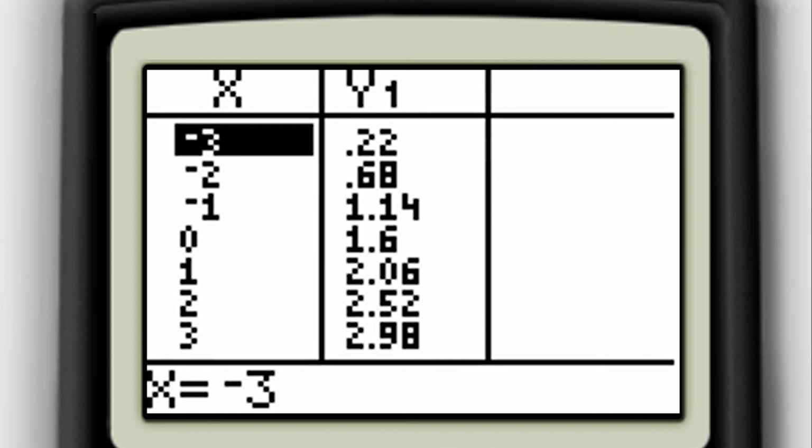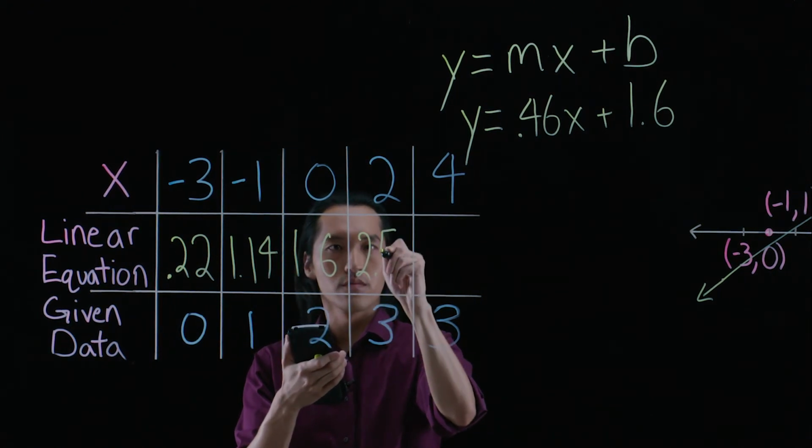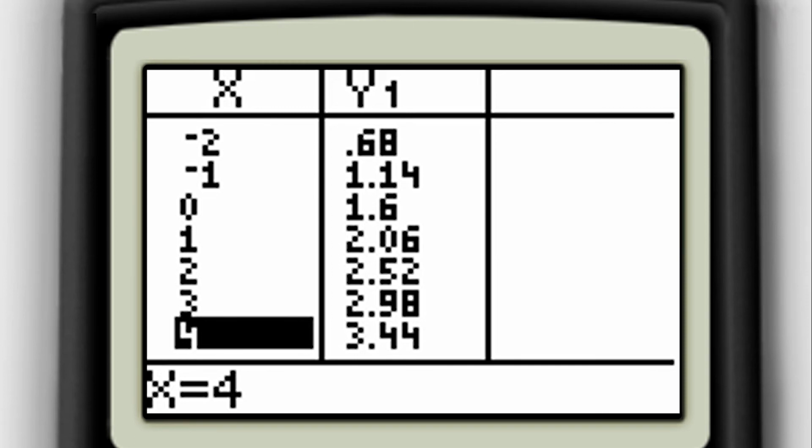For -1, it's 1.14. For 0, it's 1.6. For 2, it's 2.52. And for 4, it's 3.44. And obviously these numbers are rounded, just like how this equation was rounded.